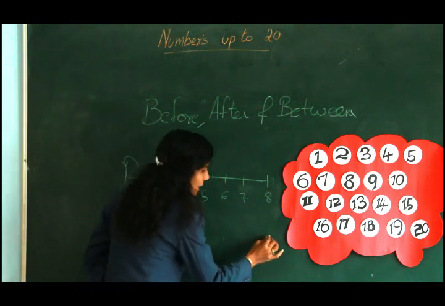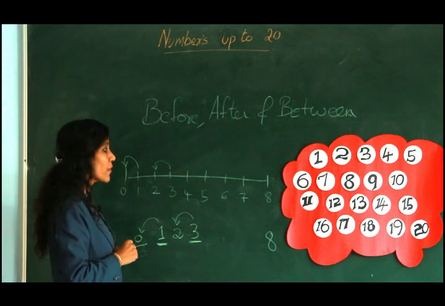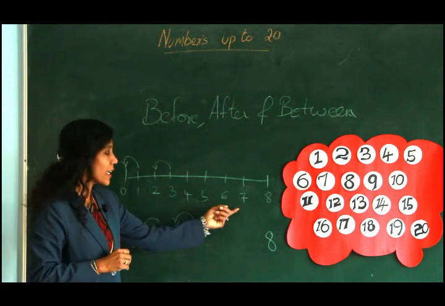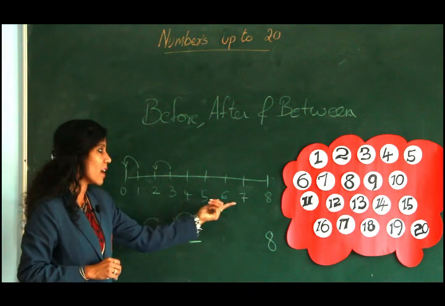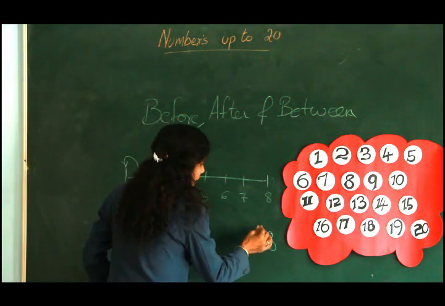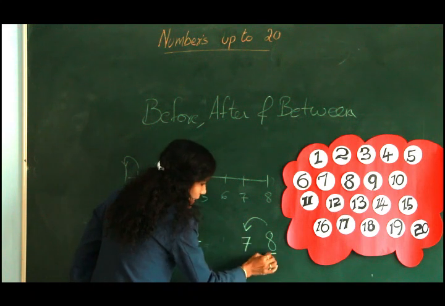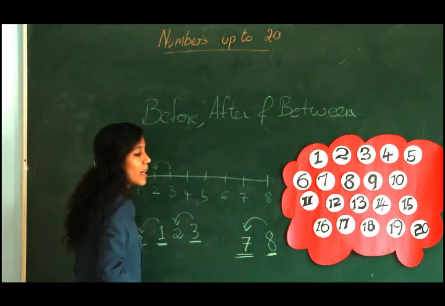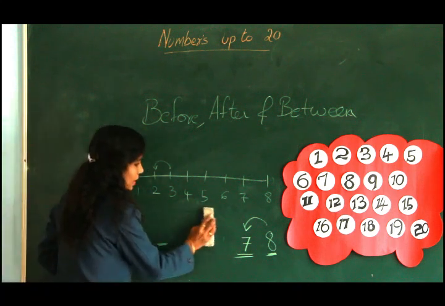Let us take some other number, 8. Which is the number before 8? Is it 6? Just before 8? No, it is 7. So the number just before 8 is 7. Next, we go for the after number.